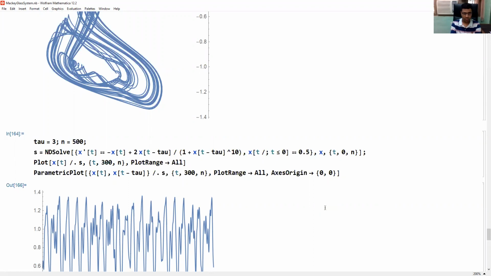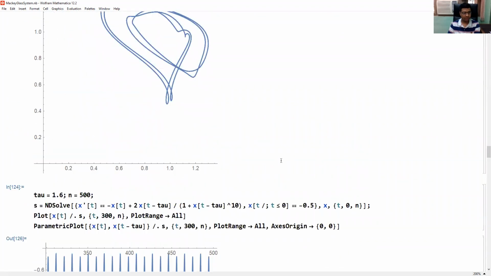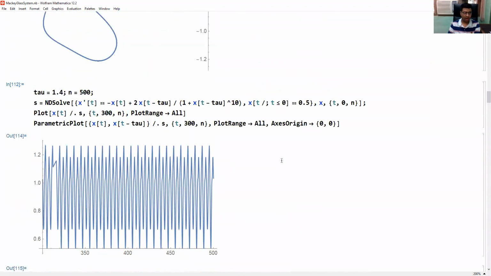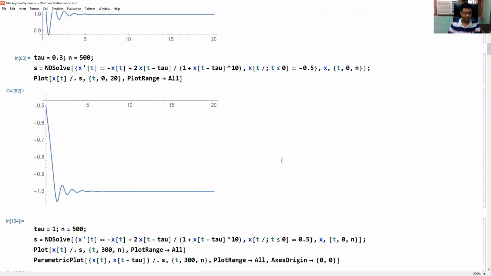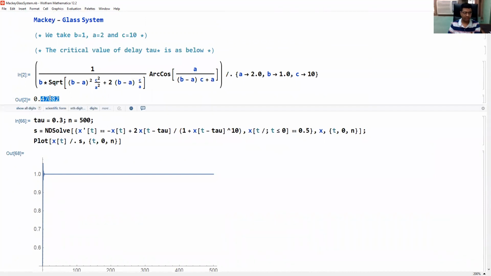Analysis can tell only one thing, that if our tau is between 0 and 0.47082, then the equilibrium points, these are two equilibrium points, +1 and -1, are asymptotically stable.